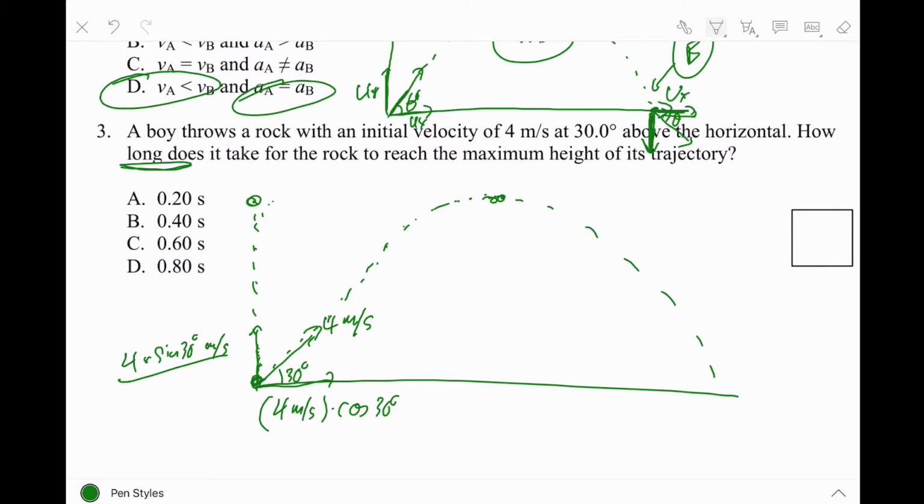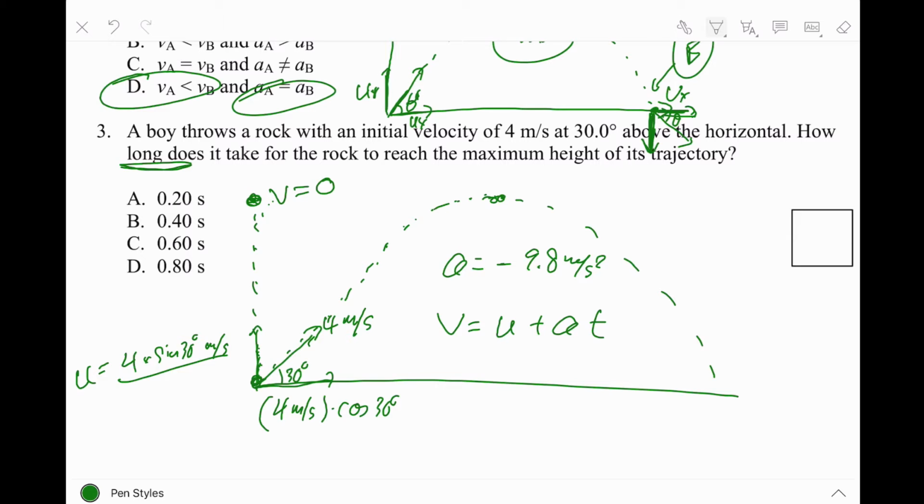So we know this is your u. We know at the maximum height, the v is equal to 0. And you know during the journey, acceleration is minus 9.8 meters per second squared. So you got the 3 important ingredients. And of course, you want to know the time. So something will come to your mind with this equation.